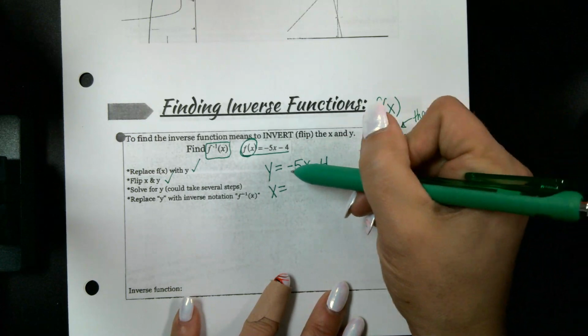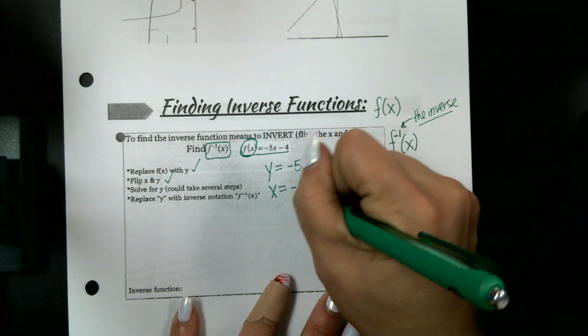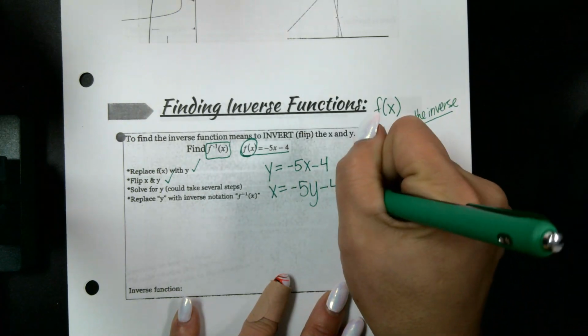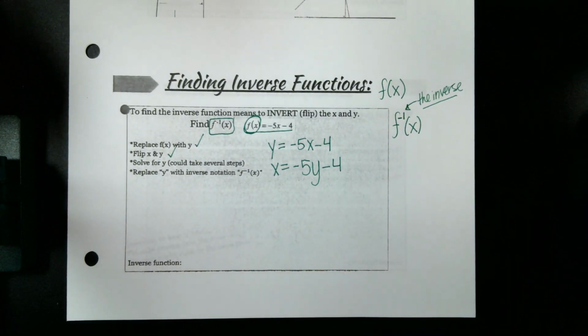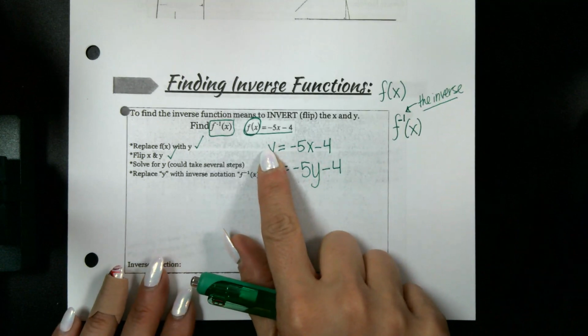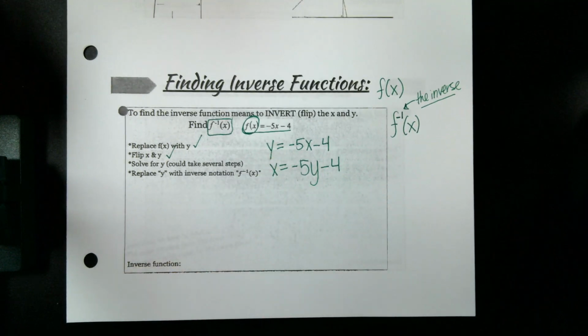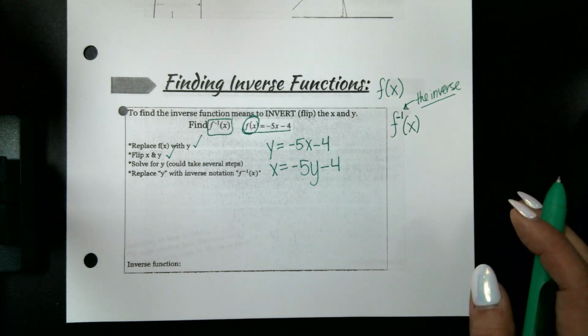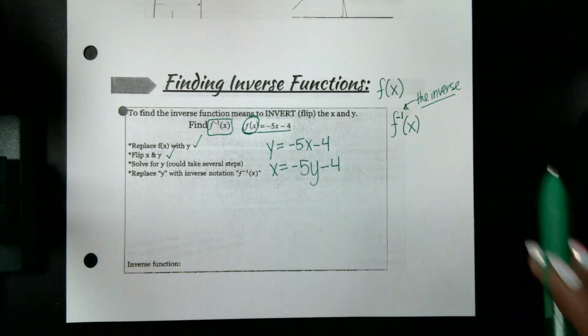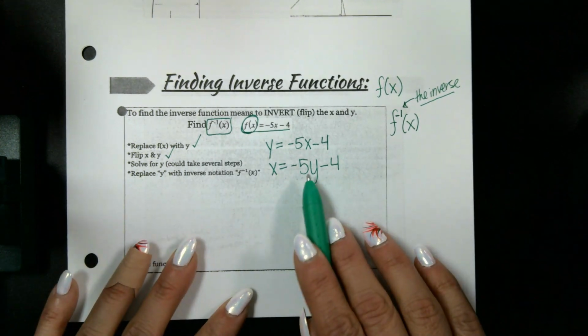And then instead of -5x, it's going to be -5y, and then keep the -4. First 2 steps, I should never hear any of you say, I can't do them. Because in the first 2 steps, you are putting in the y, and then you're trading the x and the y.